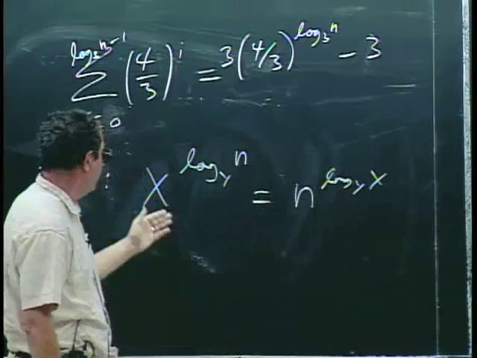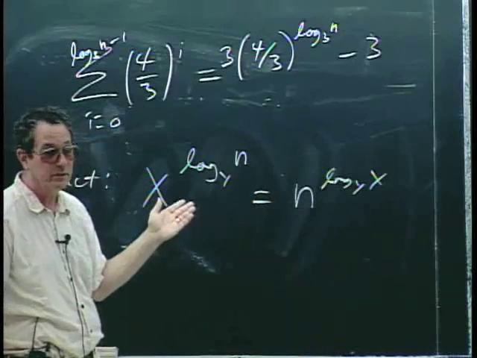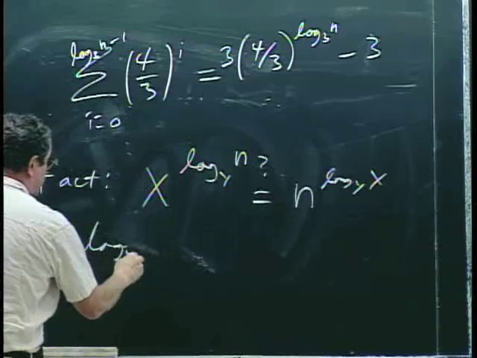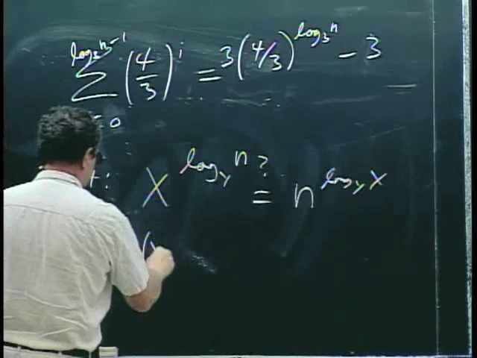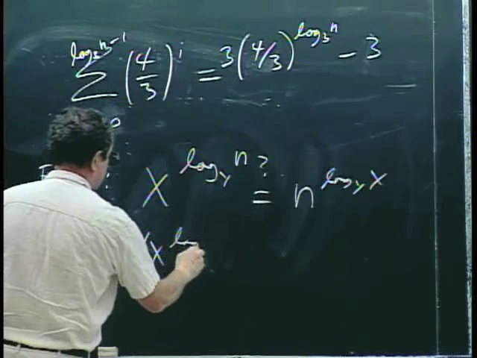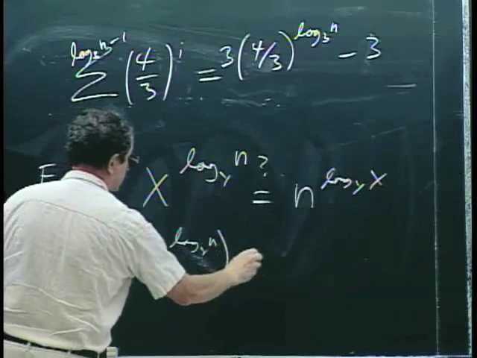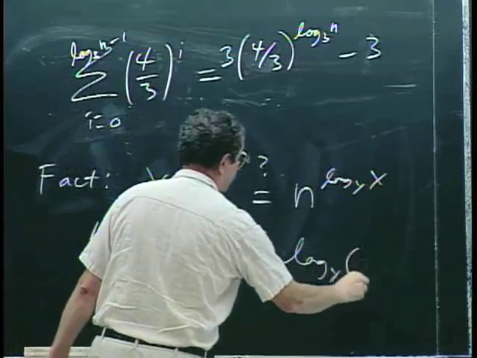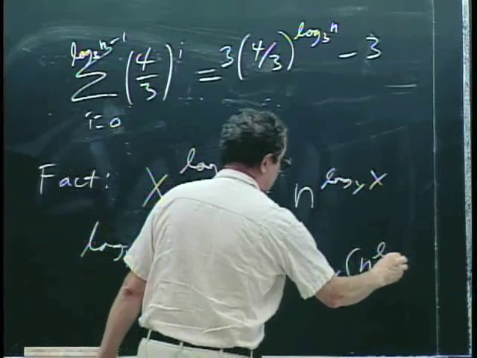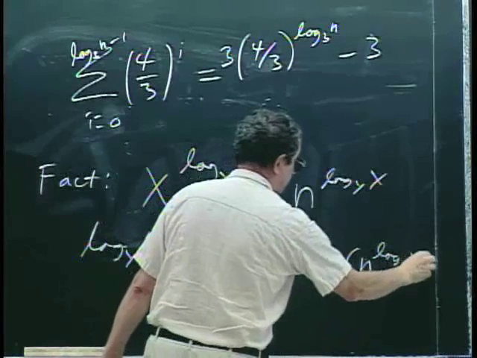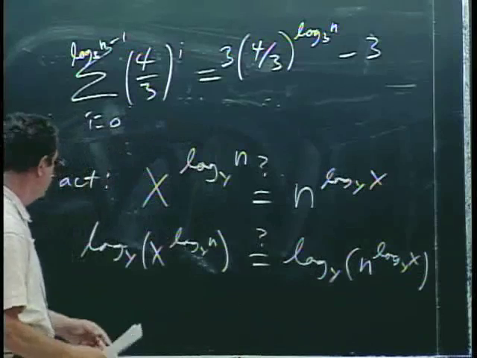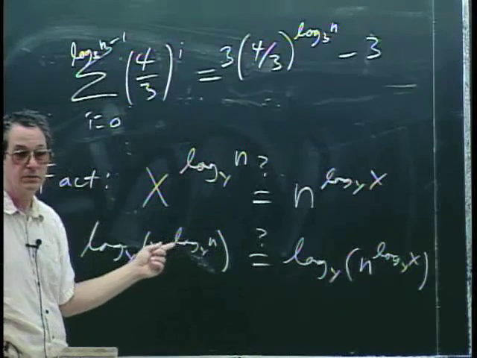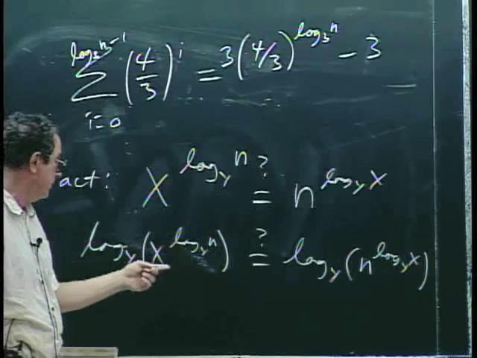That's very convenient. By the way, how do you prove this is right? You just take log base y of both sides. Log base y of n times log base y of x equals log base y of n times log base y of x. Okay? Well, log base y of x to the log base y of n, what do we do here?